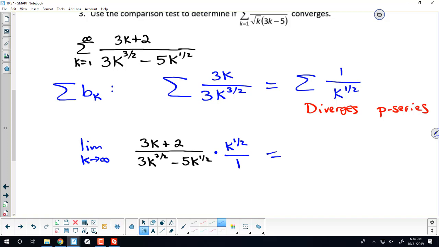Since we're going out to infinity, we have essentially a polynomial in k over a polynomial in k. Not quite, but the leading term up top is 3k times k to the 1/2, and the leading term on the bottom is 3k to the 3/2. So that just simplifies to 1. The limit at infinity is 1 as well.